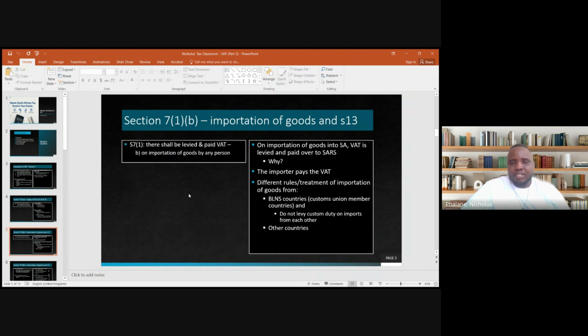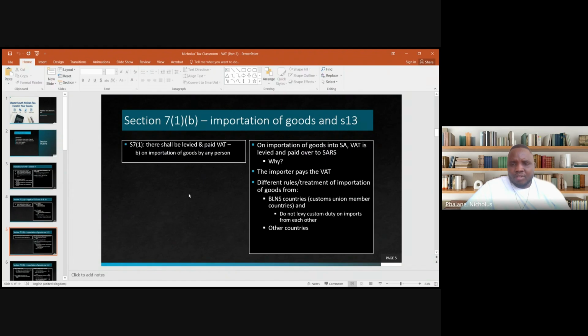But if they decide to source these goods or services abroad, then no VAT would be charged on that transaction, because the suppliers from these foreign countries are not registered VAT vendors in South Africa.